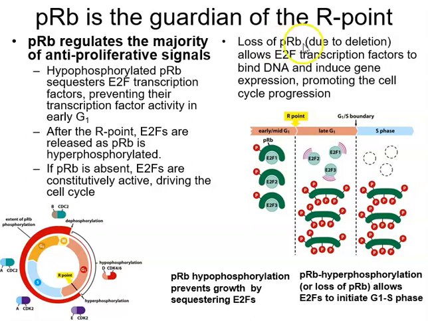So loss of pRB due to RB1 gene deletion is a very common occurrence in cancer, and if RB1 protein doesn't exist, the E2F transcription factors are always free to initiate S-phase even when S-phase shouldn't occur. So that's why pRB mutations are so common in cancer.